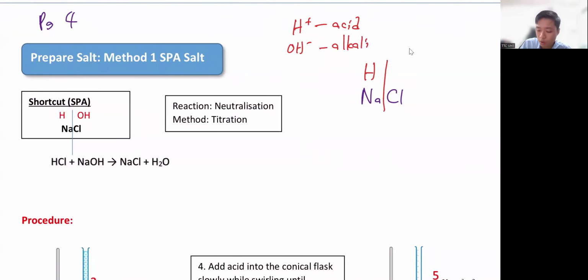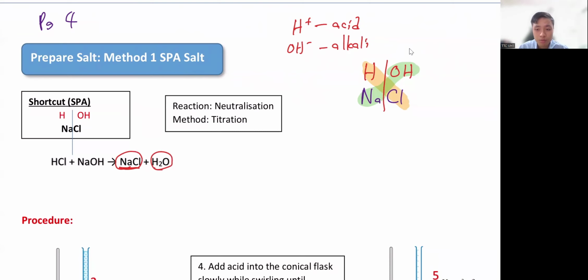H plus, OH minus. So how to prepare NaCl? First chemical is you use HCl, second you got NaOH. HCl plus NaOH, that's what you get: NaCl and H2O. H and OH you get H2O.